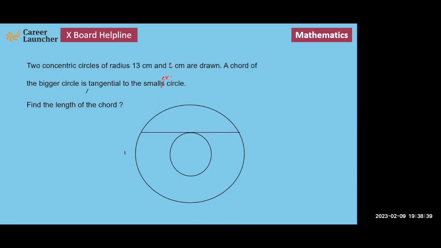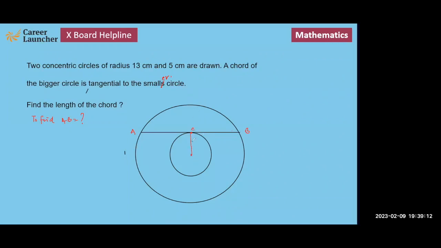If I call this as A and this is B and this point is C, two concentric circles of radius 5 and 13 centimeters are drawn. A chord of a bigger circle is tangential to the smaller circle. Find the length of the chord, right? So we want to find out AB is equal to how much, right? अतर्व का आंसर आ गया है मेरे पास.